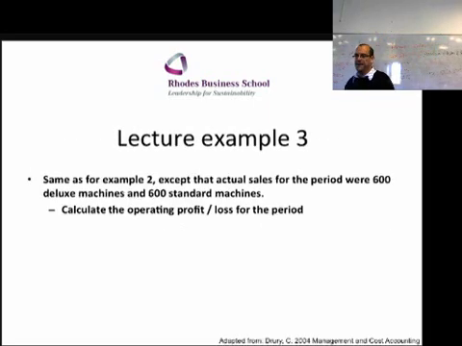Guys, this is just a continuation from the other example, and I want to use this to illustrate some of the problems of CVP analysis, one of the limitations, particularly where you have more than 1 product.